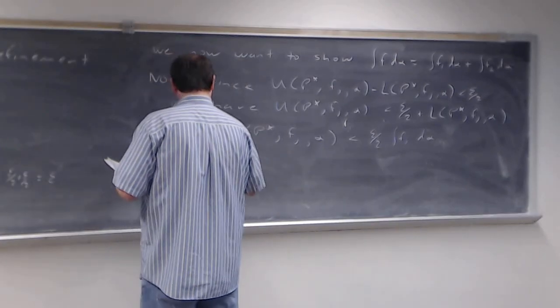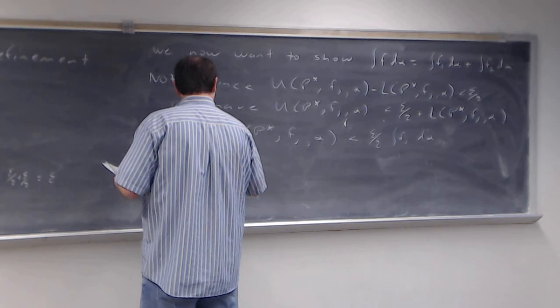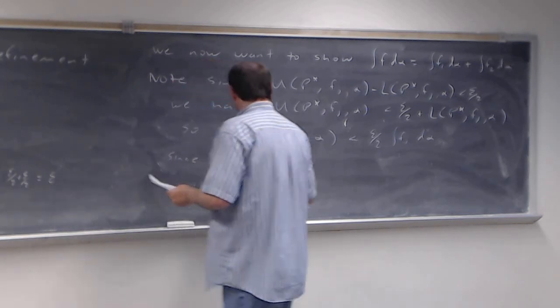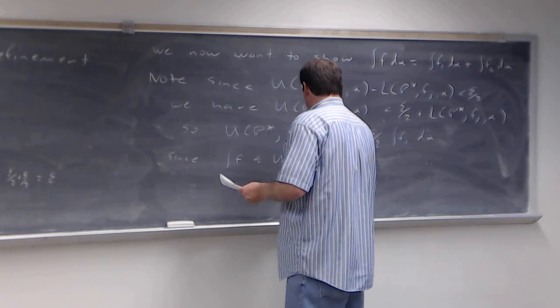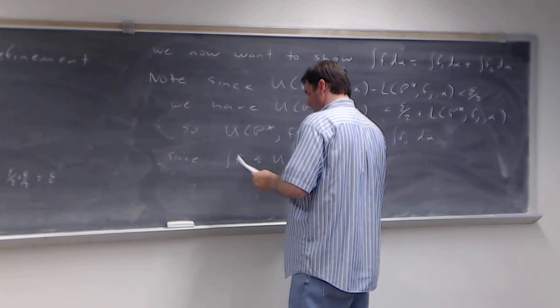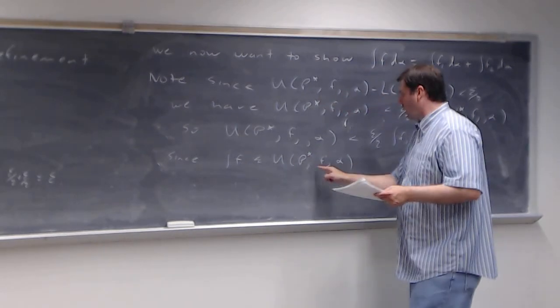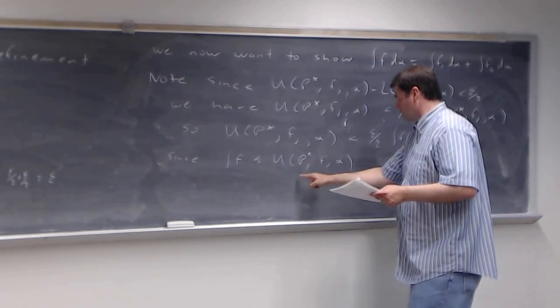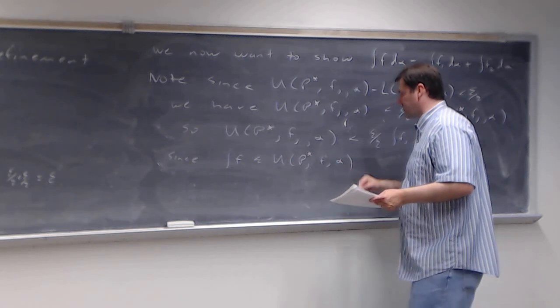Now, since we have that the Riemann-Stieltjes integral of f is going to be less than or equal to the upper sum, not any upper sum, but the upper sum with the refinement partitions in f and alpha.